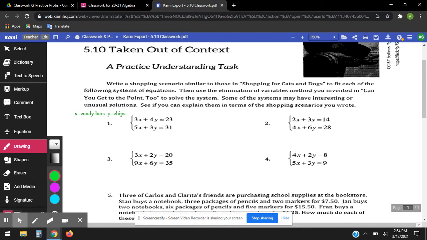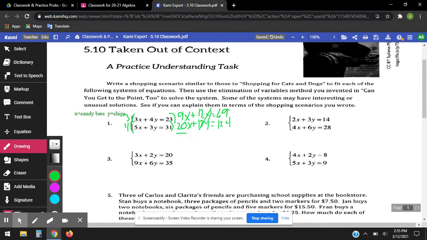So if I multiply this one by 3 and this one by 4, then I would get 9x plus 12y equals 23 times 3 is 69. And then 5 times 4 is 20x plus 12y equals, let's see, 124.